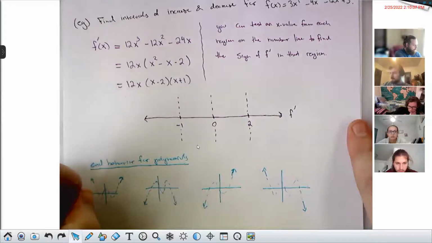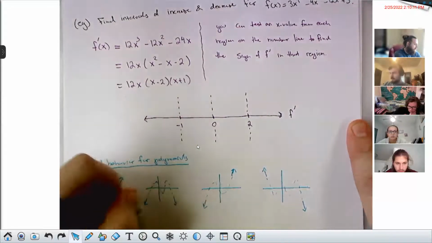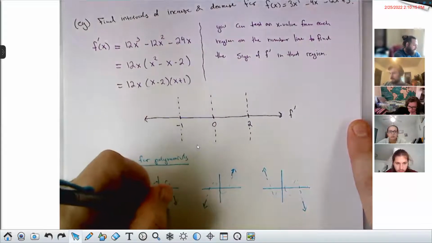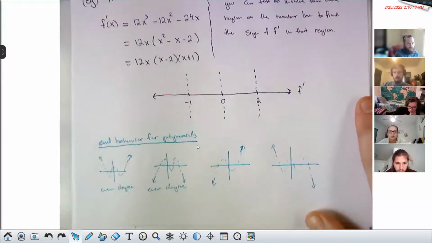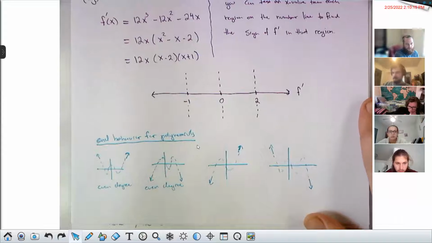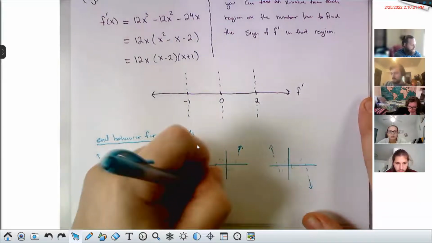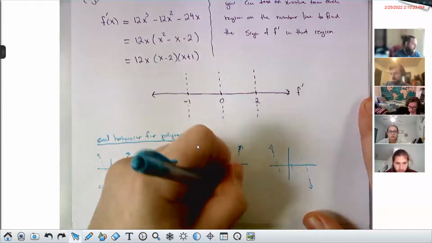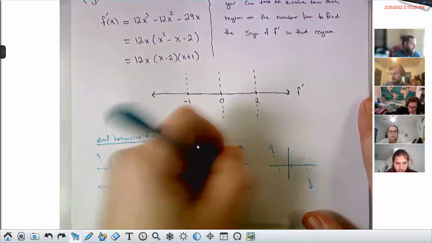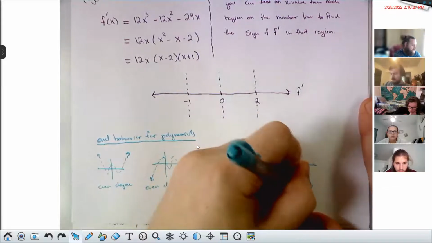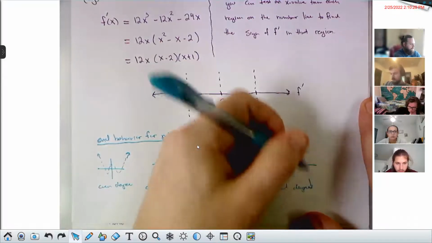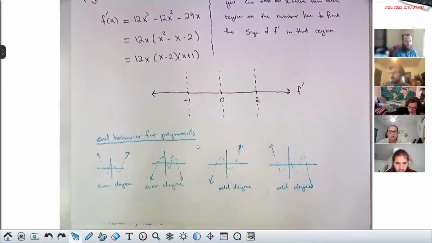These two are associated with even degree polynomials, meaning the largest power of x is an even number. And these two are associated with odd degree. Okay, so if you know the degree of your polynomial, that narrows it down to one of the two pictures.